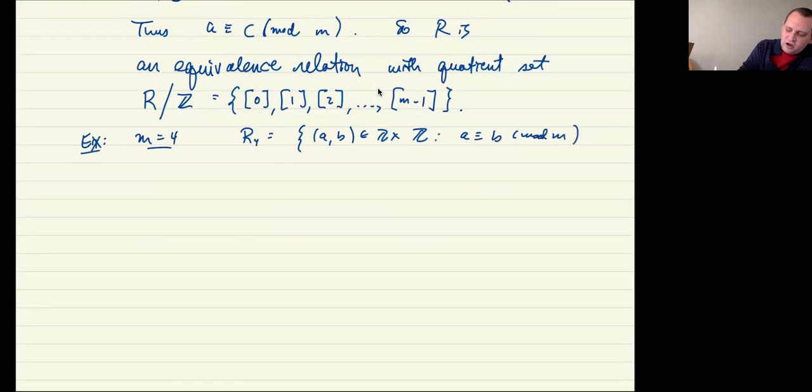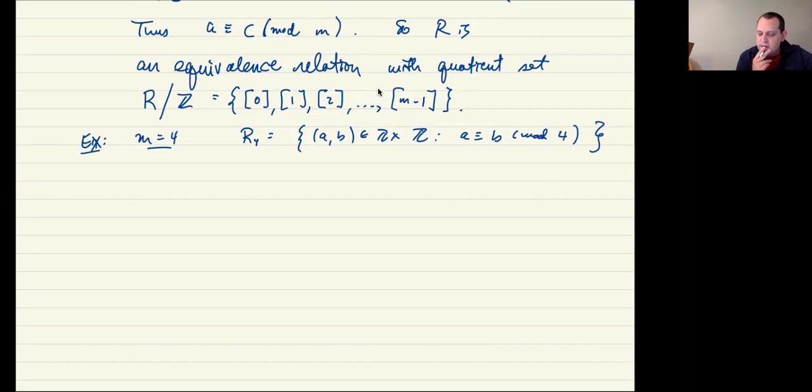The fact that I even call this congruence should tell you that this is an equivalence relation, right? There's some kind of formal equivalence between the two sides. So I might mix up the terms equivalence and congruence because now that we know that this is an equivalence relation, I can say A is equivalent to B. The way that we defined it, I would say that A is congruent to B mod m. So I may use either term. So A and B are going to be related if they're congruent mod 4.